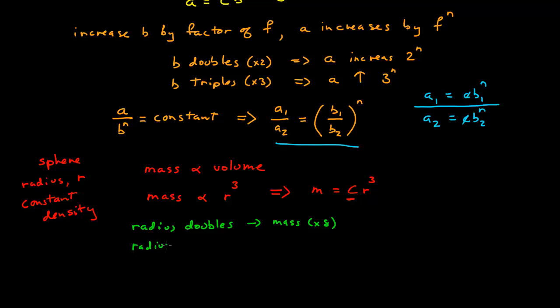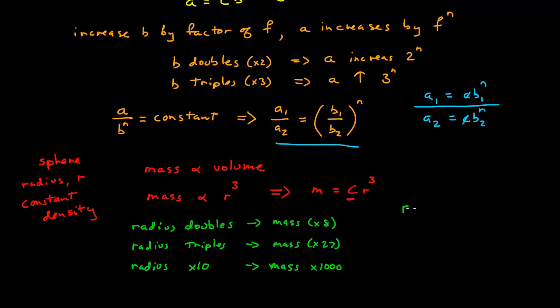If the radius triples, that means the mass goes up by 27, or 3 cubed. In fact, if the radius, for example, goes up by a factor of 10, then the mass goes up by a factor of 1,000, or 10 cubed.